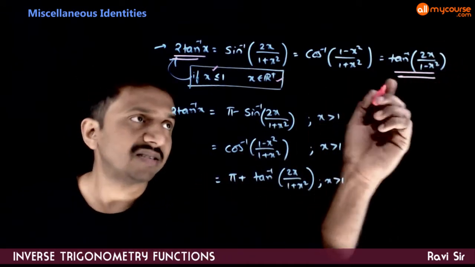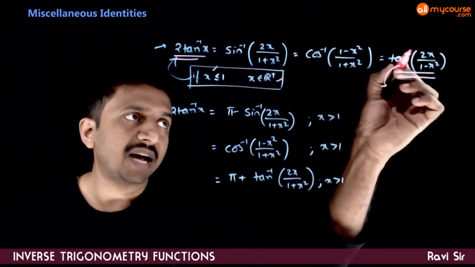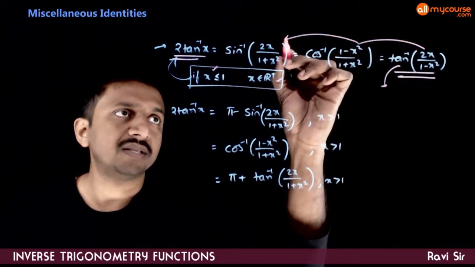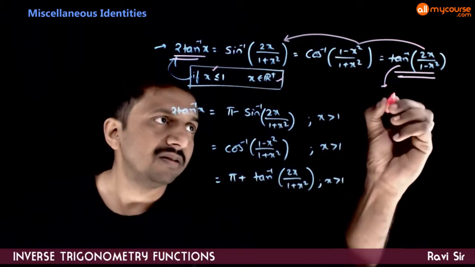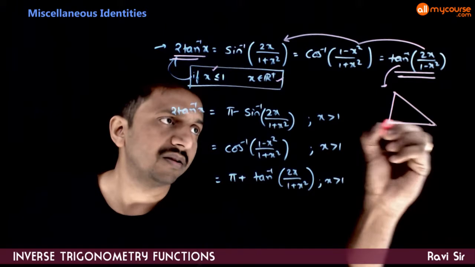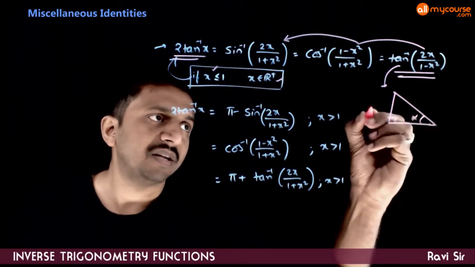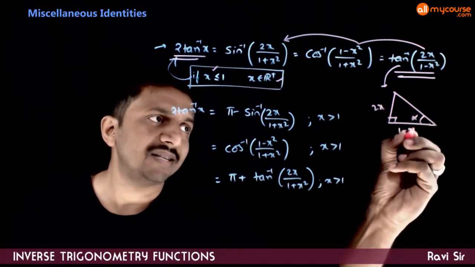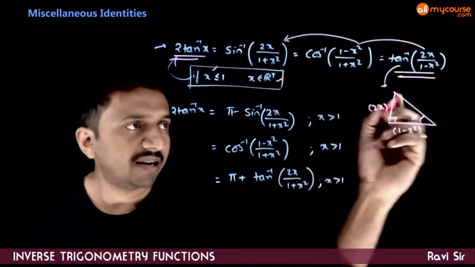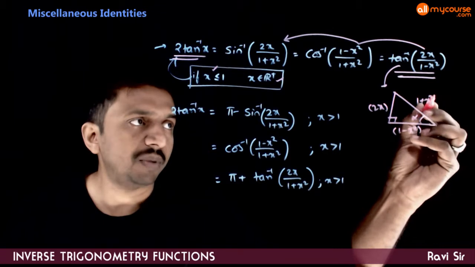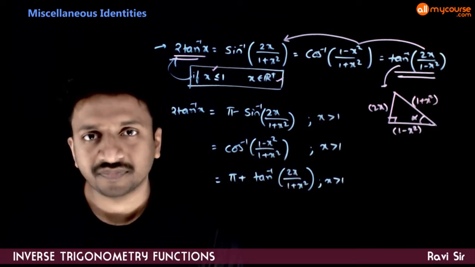Now, in this case, this tan inverse can be converted into cos inverse and sin inverse using the triangle method. So if you use the triangle method, this is alpha, this is 2x, this is 1 minus x square. So by Pythagoras theorem, if you calculate the hypotenuse, it will turn out to be 1 plus x square.